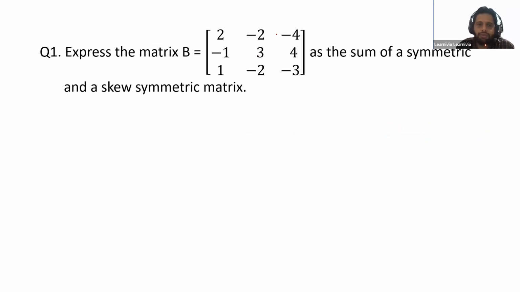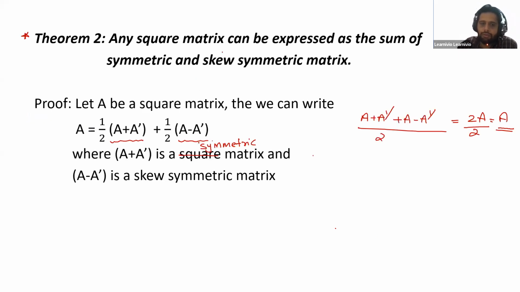Now, the question is: express matrix B as a sum of symmetric and skew symmetric matrix. Okay. So we have this matrix B. We need to express this as the sum of a symmetric and a skew symmetric matrix. So what we need is B transpose. We will convert this question into this form.